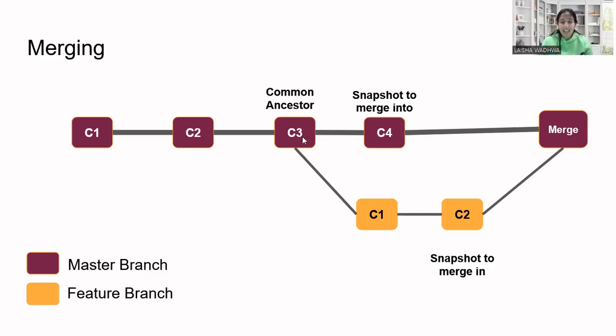It compares the diffs, and if there is no file with a common change across both of the branches, it simply merges the branches together. That is, it takes the changes from the feature branch and adds them to the master branch. Now, this is all simple unless there is a file common between these two branches that was changed both in master as well as in your feature branch. And that creates a conflict.